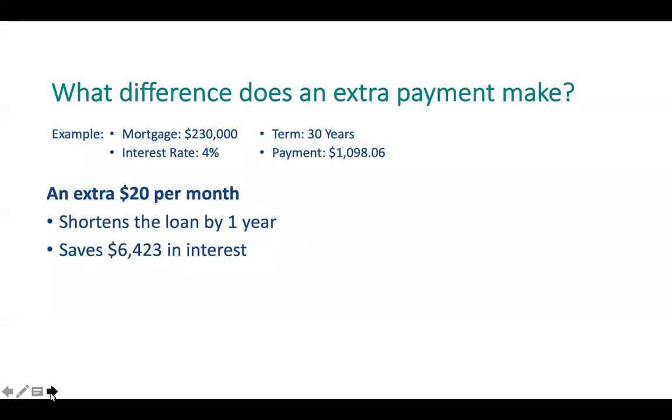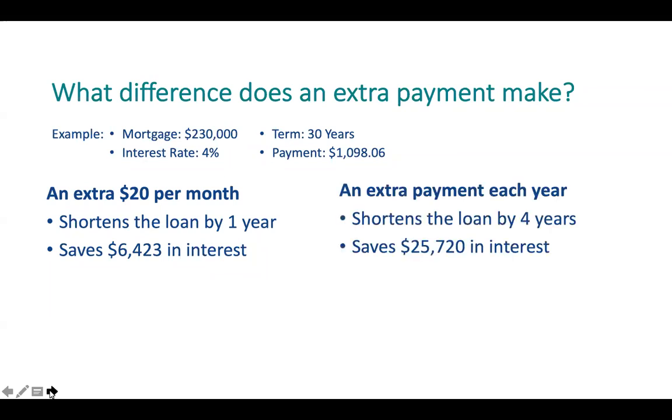So if you paid just an extra $20 a month, which for a lot of people is eating out one time or cutting something else, like maybe your daily drink run, an extra $20 a month on this loan would shorten the loan by 1 year. So it's not dramatic, but it's still a year sooner that you would pay it off. And it would save you $6,423 in interest.